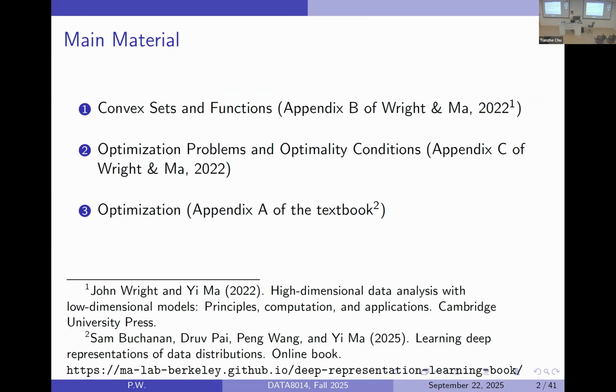In Appendix B, that is convex sets and functions. In Appendix C, you can take a look at the sections about optimization problems and optimality conditions. And also in our textbook, Appendix A, there is a lot of material on the basic concepts in optimization.